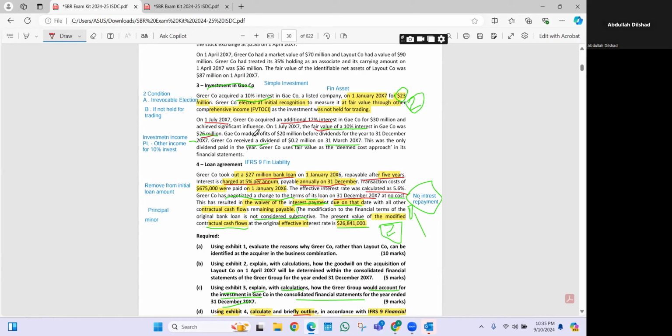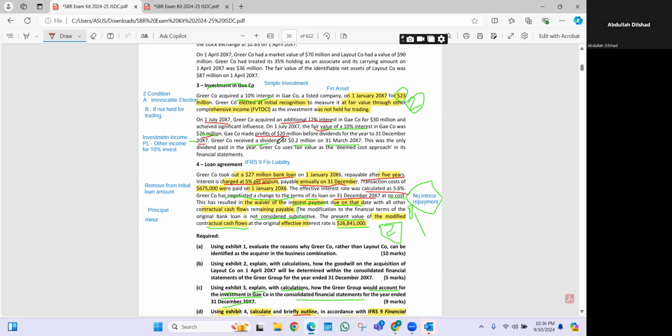Geico is an associate, and the associate makes a profit of 20 million for the year end. Now, I won't simply buy a company which is loss-making. I'm buying a company so that I get a share of their profits.